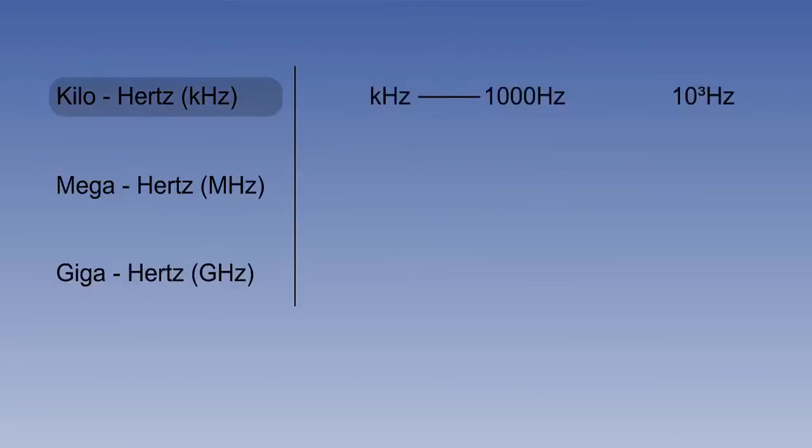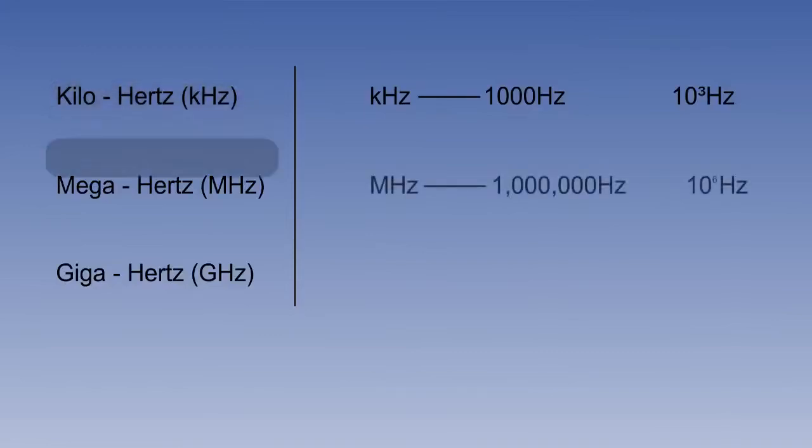Kilohertz are units of 1,000 cycles per second, that is, 10 to the power of 3. Megahertz are units of 1,000,000 cycles per second, that is, 10 to the power of 6.